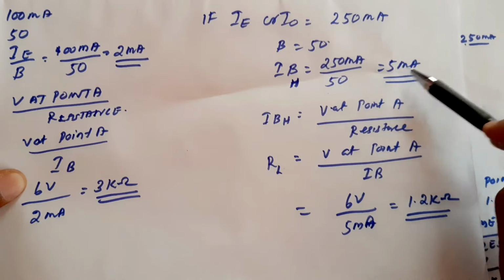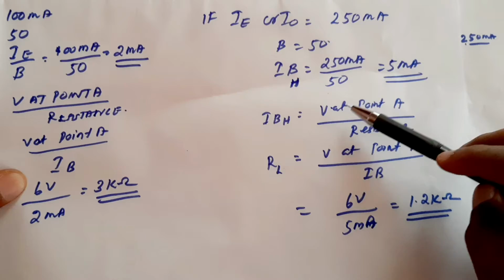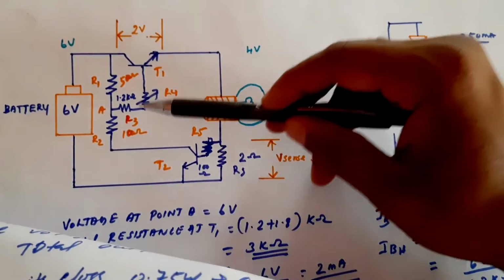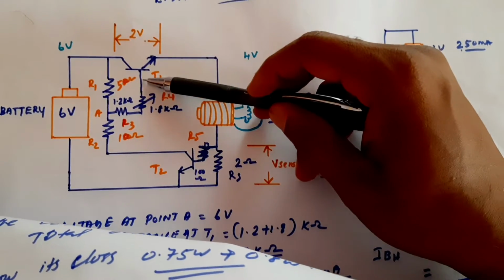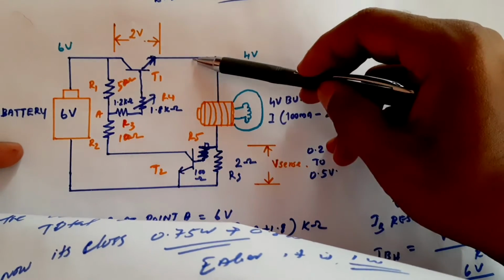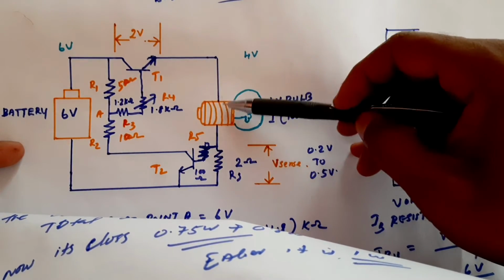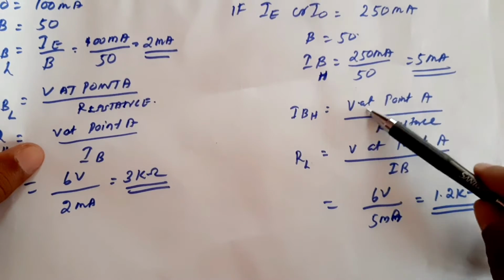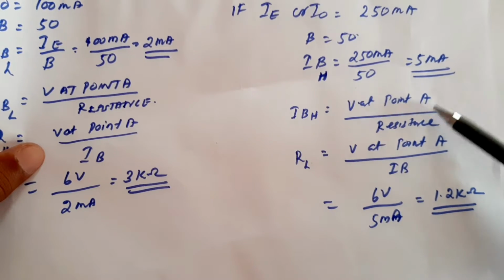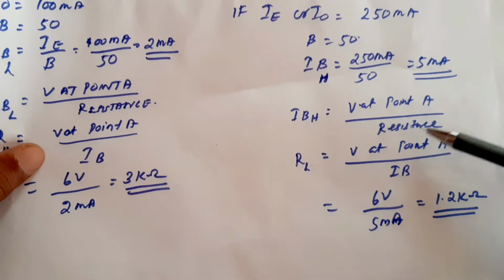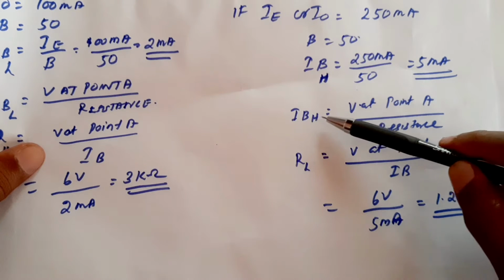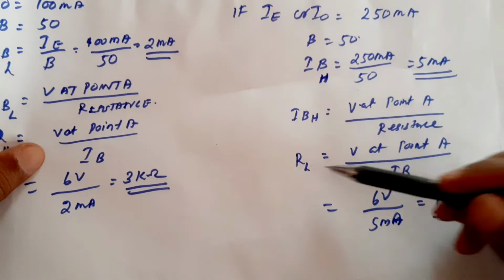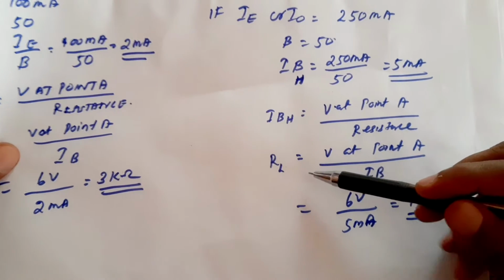That is 5 milliamperes of current has to flow at the base of the transistor in order to flow 250 milliamperes at the output. So the voltage at point A is the same, and the resistance has to be changed to get 5 milliamperes of current. What is the value of the resistance?